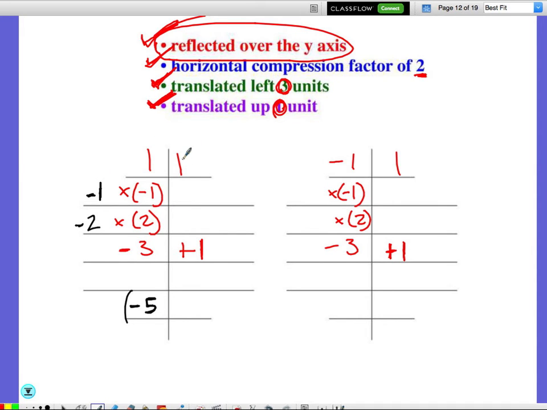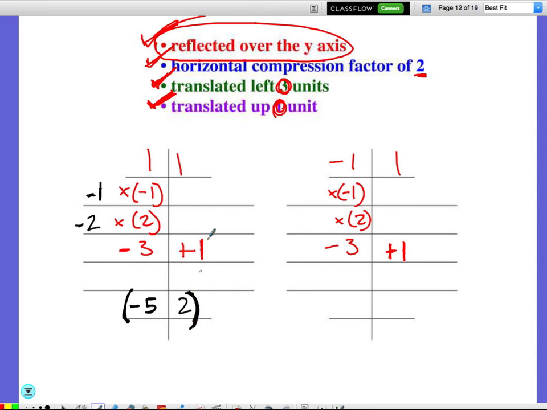Now we're on the y coordinate side. And this, we just have one operation, so 1 plus 1 is basically 2. And as you can see, these calculations, which come from our transformations, we started with 1, 1, and our point ends up being at negative 5, 2.